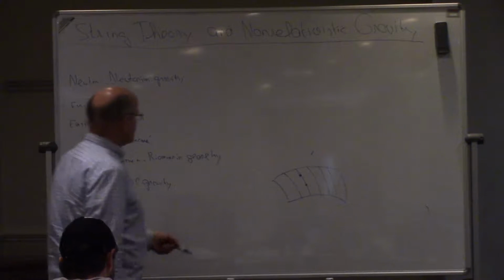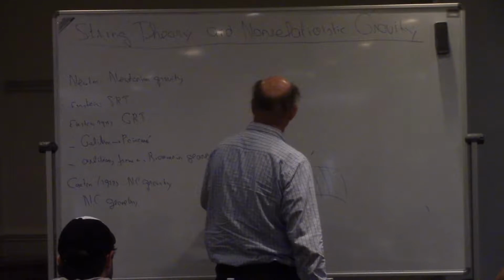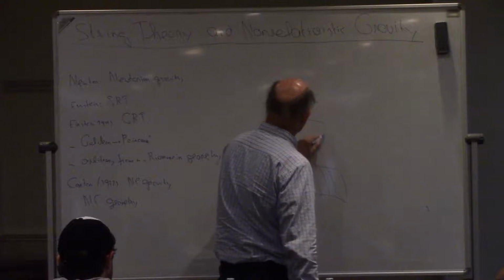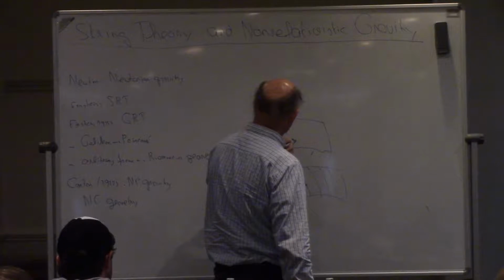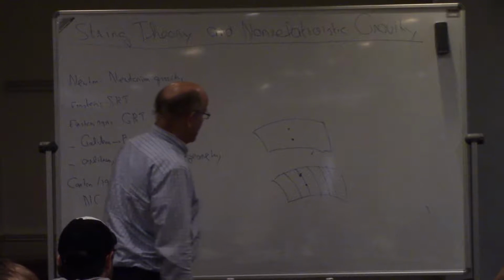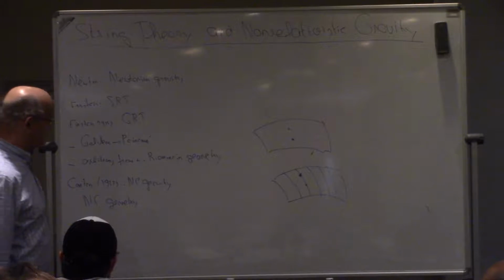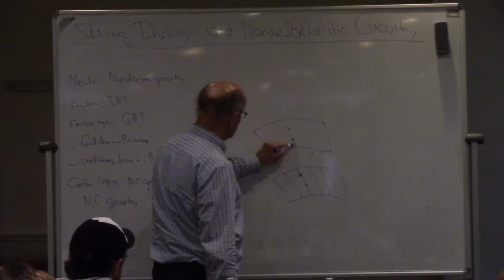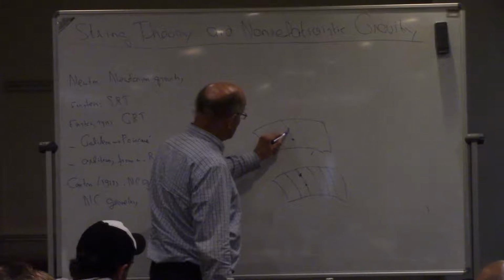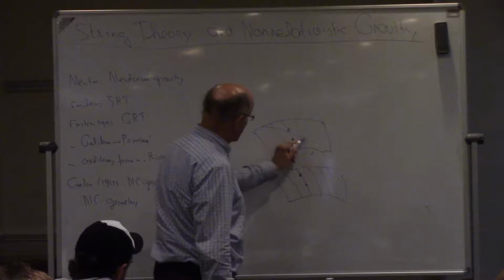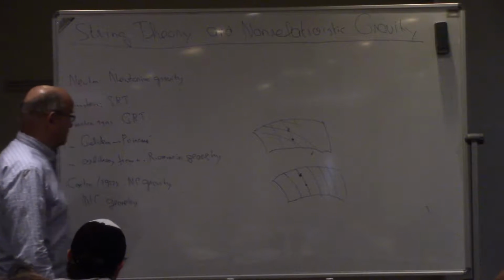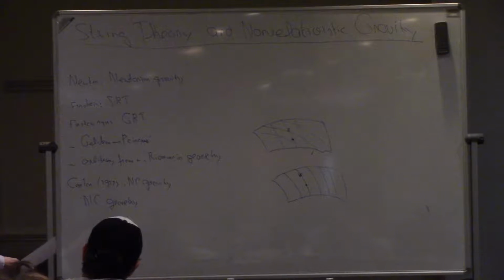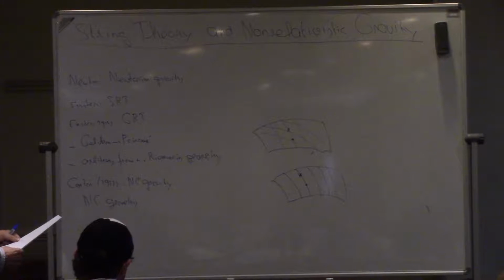And in Riemannian geometry, it's also bread, but you have not yet sliced it. That means that if you take the same two events, it's not clear whether they are in the same slice, because you still have to slice the bread. So you would slice the bread like this, and then these two events happen at the same time, but you could also slice the bread like this, and then the two events would not happen at the same time. So this Newton-Cartan geometry will play an important role.